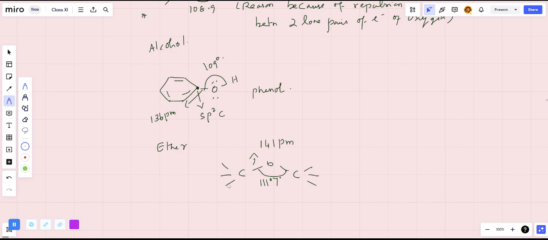Because of the bulky groups on both sides, the angle is more. The bond length is almost the same. The reason is the bulky groups repel each other, so the angle is increasing. So these two bulky groups repel each other, and the angle is 111.7 degree.